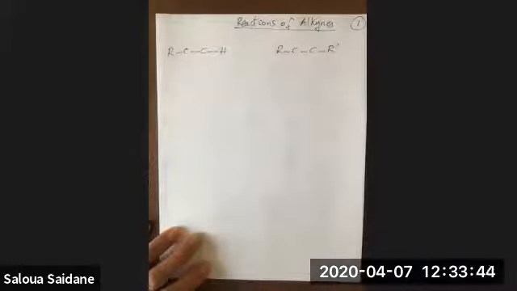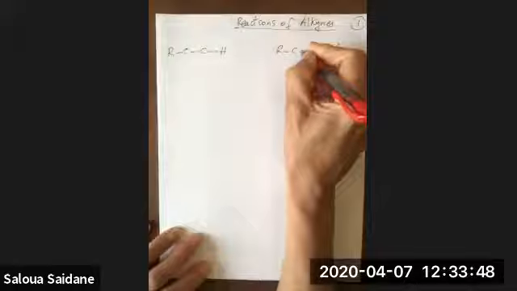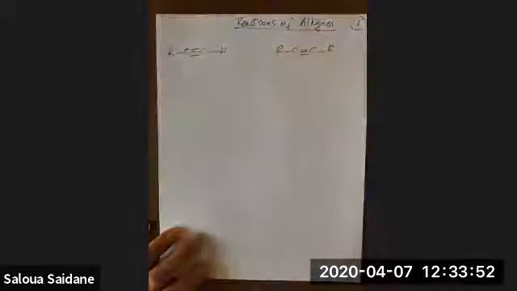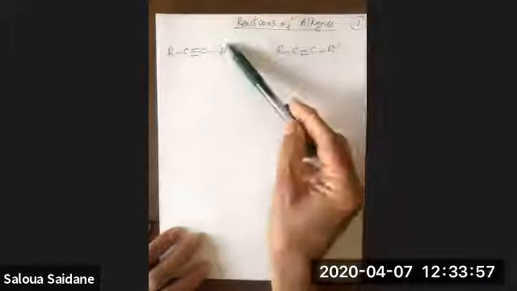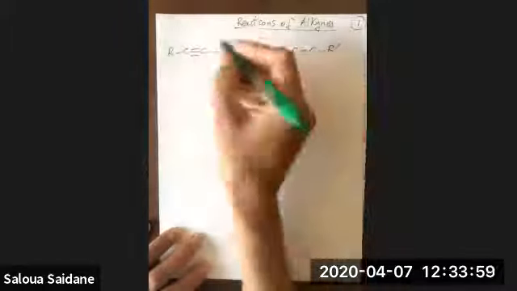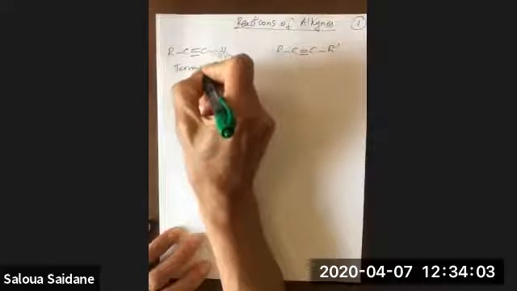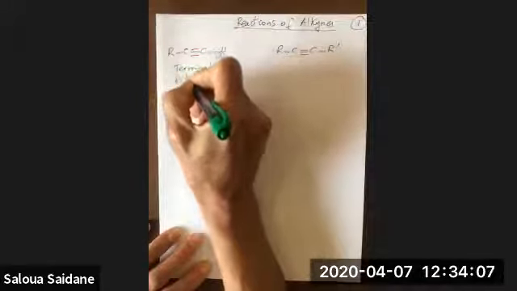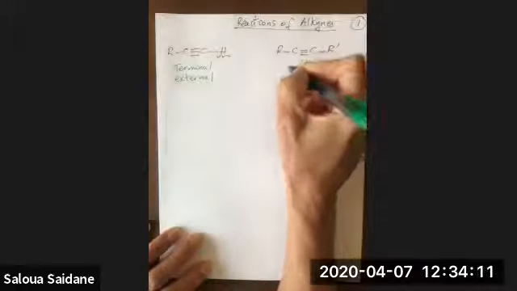And we have here 2 pi bonds and 2 pi bonds. So these types of alkynes where there is an H at the end, these are called terminal, or external. This one is called internal.